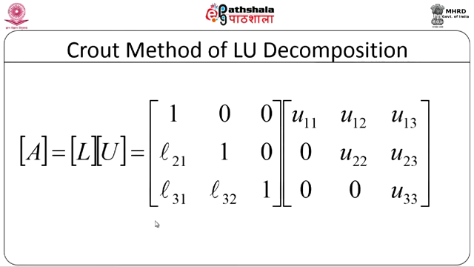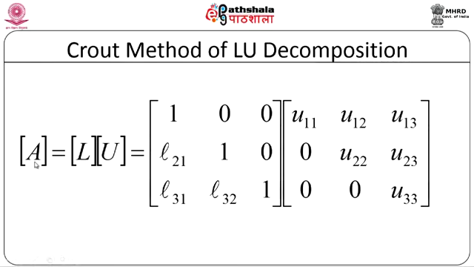This is the third procedure, which is very popular. This is called Crout's method of LU decomposition. Here we are using a slightly different logic than Gaussian elimination.